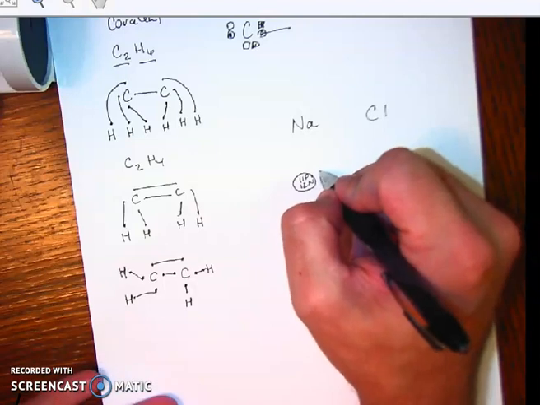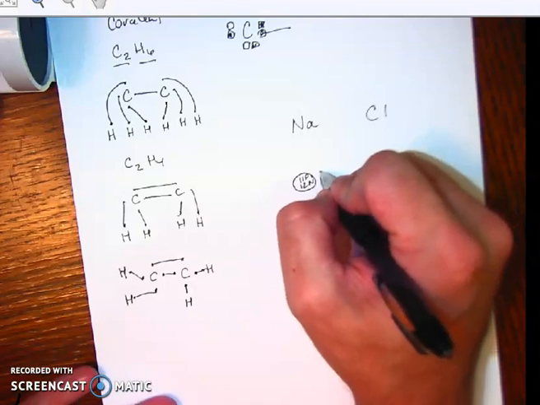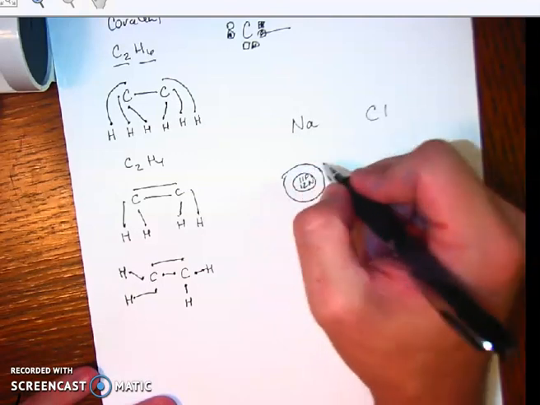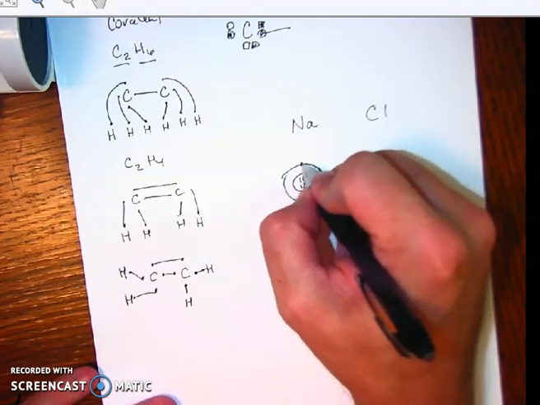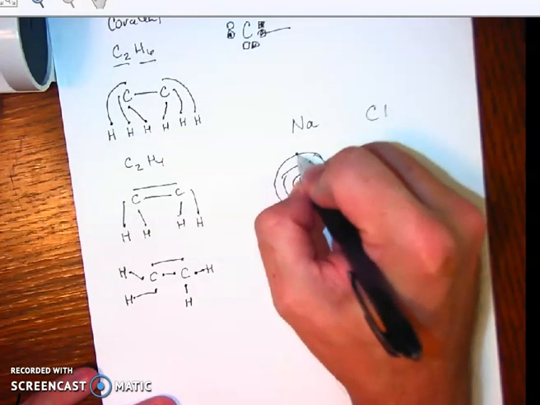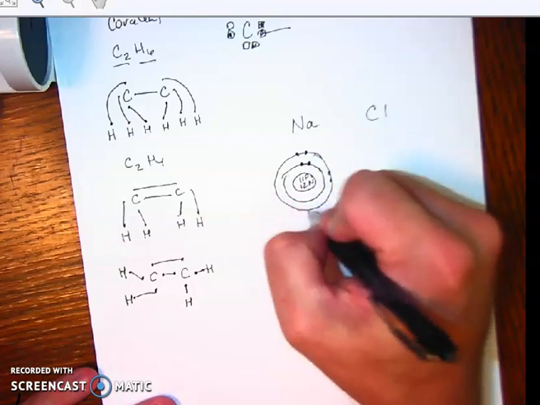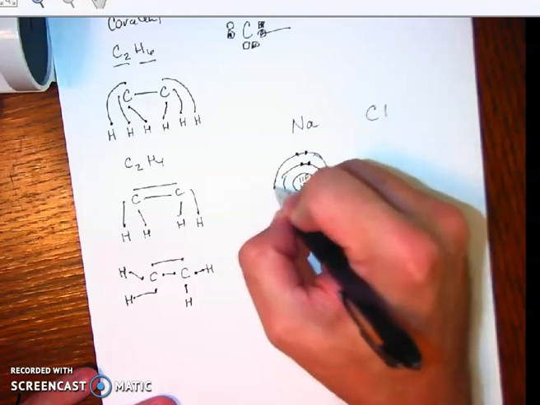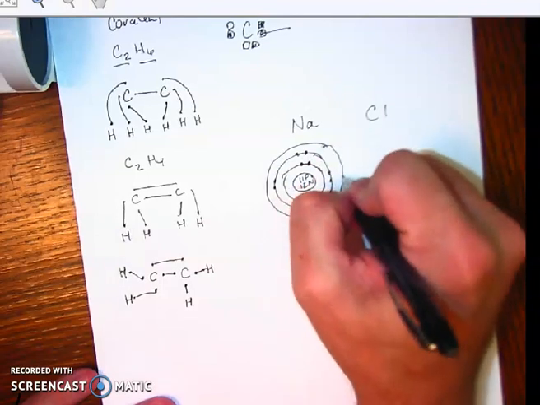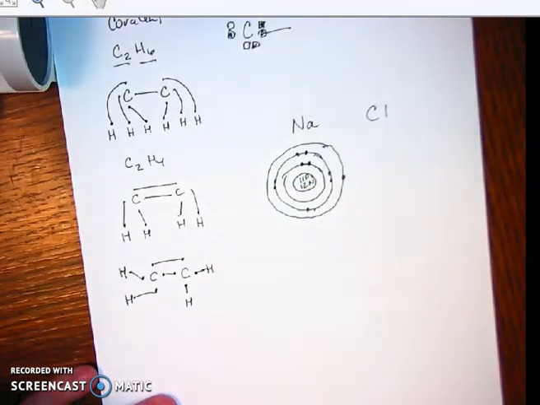If you want, it might help you to build the full thing where it has 11 protons, so that means it has 11 electrons. So that means it has a full first, a full second, because I know I'm going to get to 11. The third one has just 1 valence electron in it.